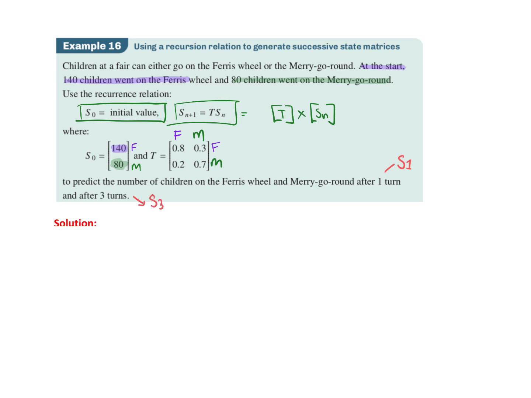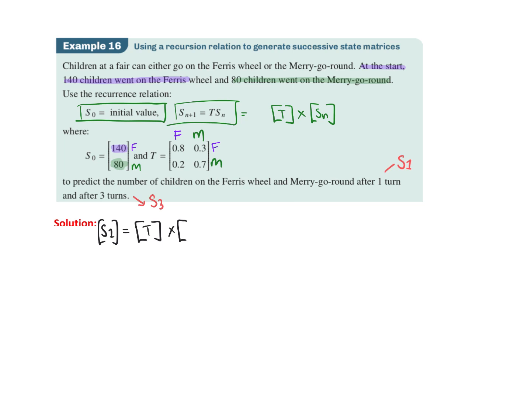So let's go first. So if we go to find S1 first, so S1, that would be the next term on, what would be the term before S1 or the state before S1? What would happen before S1? What comes before 1, the number 1? 0.